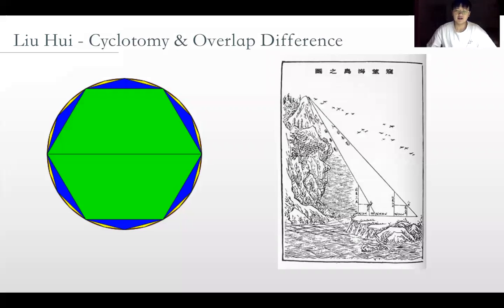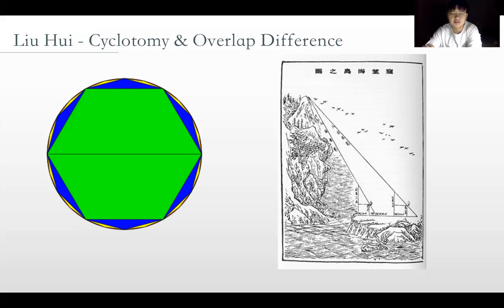So now, after some talk on history, let's have some real talk about math. I'm going to introduce cyclotomy and the overlap difference from Liu Hui. Cyclotomy is a way to get pi, or we can say a way to get the area of a circle.